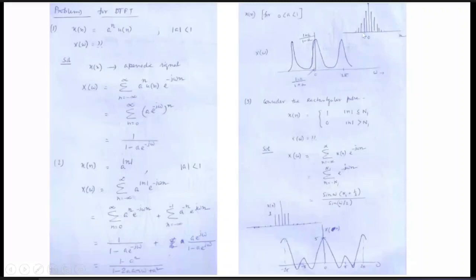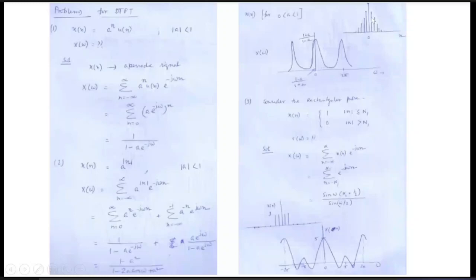It is a to the power n that we discussed earlier, a to the power mod n. This is the signal, an even signal or symmetric signal. So its Fourier transform is this one, 1 minus a square over the denominator.